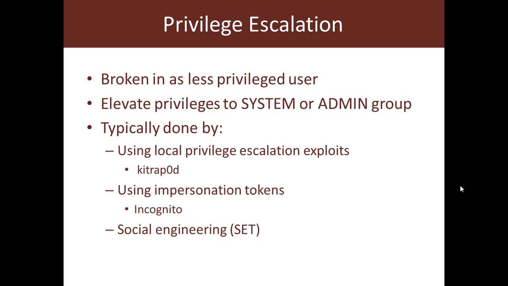The other possible way is to use impersonation tokens with things like incognito. We've had a look at this in previous videos. Last but not the least would be to use some sort of a social engineering hack using kits like the SCT. Right, so we'll just cover number 1 and number 2 right now in this video. SCT we'll look at in a later video.